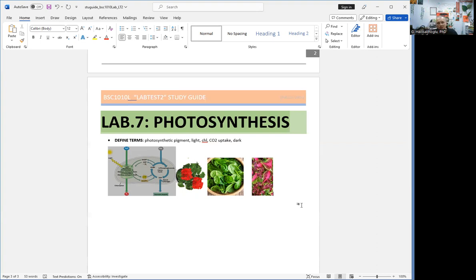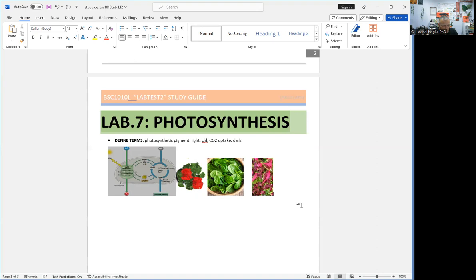Make sure you check that in the lab and know the correct colors. This is the photosynthesis experiment, the last experiment in module 2. The correct colors are carotene at the very top, orange; xanthophyll, yellow-brown; chlorophyll A, blue-green; and chlorophyll B, yellow-green.